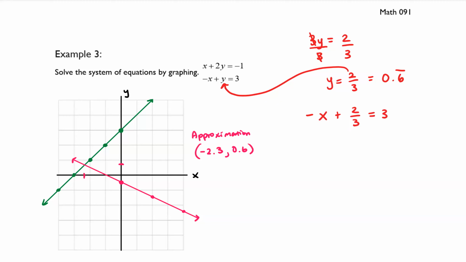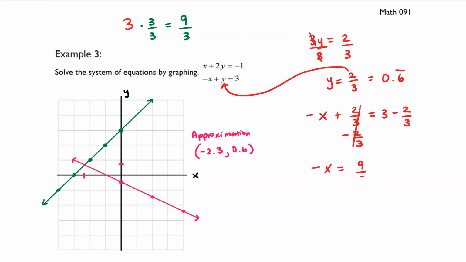Okay, so I'm going to subtract 2/3 from both sides. And I get -x is equal to 3 minus 2/3. I'm going to change 3 so that it has a denominator of 3. And off to the side here, I'll show you. If I have 3 and I multiply that by 3/3, that is equivalent to 9/3.